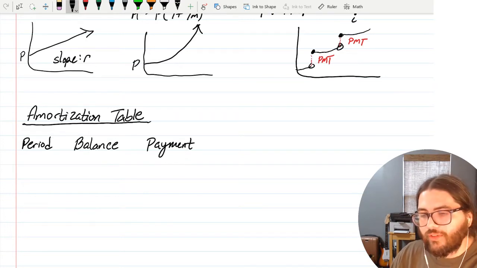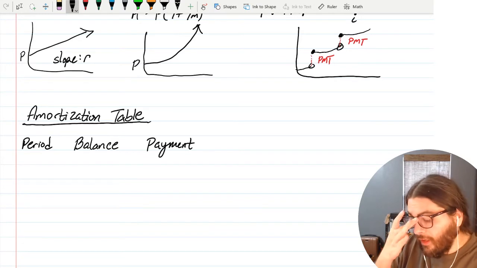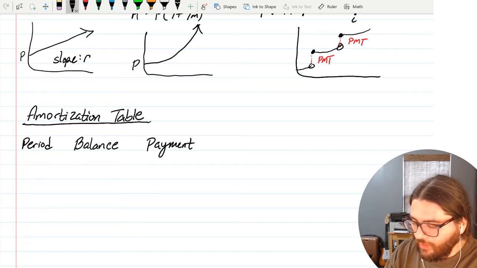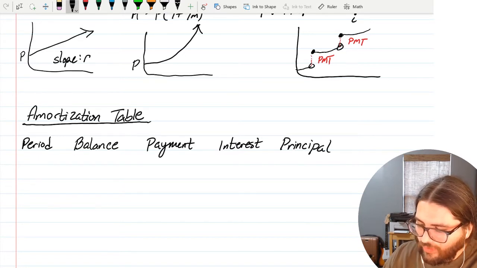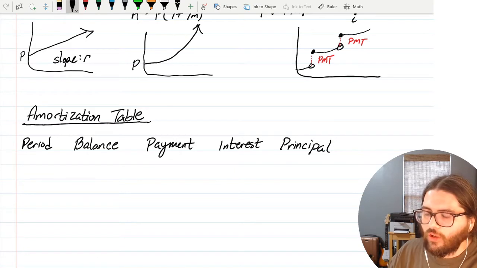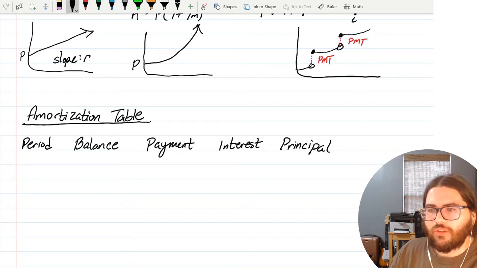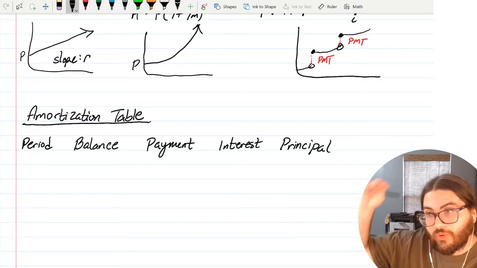That payment will usually have to be calculated as a separate future value, present value calculation. But inside that payment, there's going to be some amount of interest and some amount of principal. Because we know that whenever we make a payment on a loan, we're not paying all towards the loan interest, and we're not paying all towards the loan principal either. When we pay, the bank gets a little bit of that money for interest, and the rest of it goes towards the balance of the loan to bring it down.